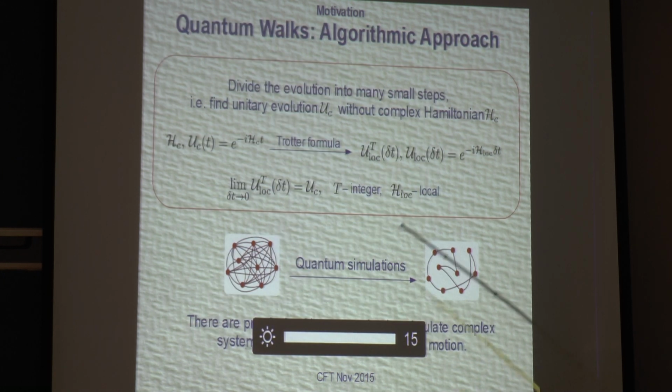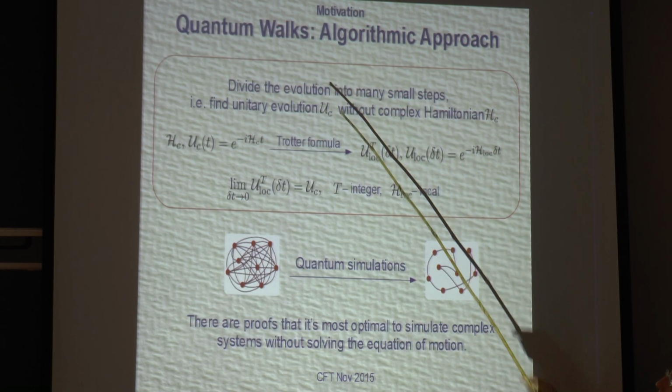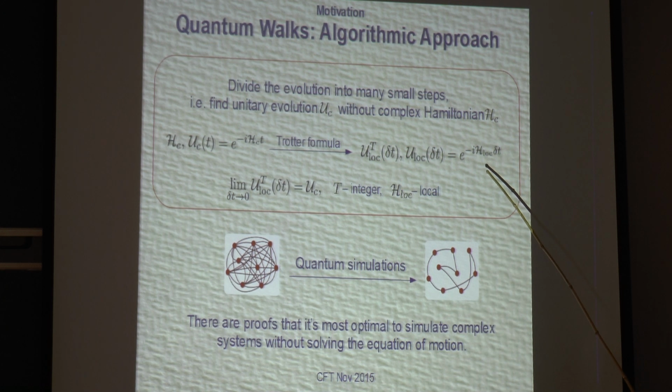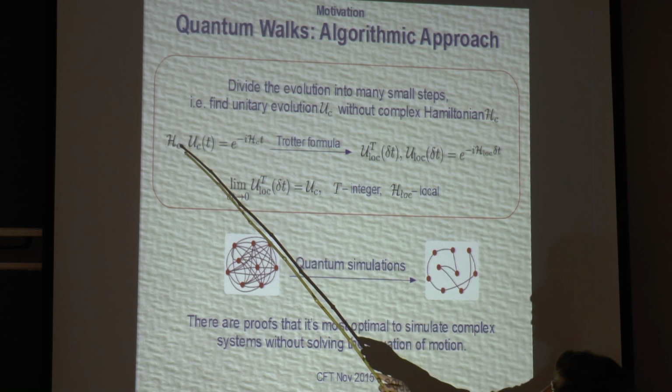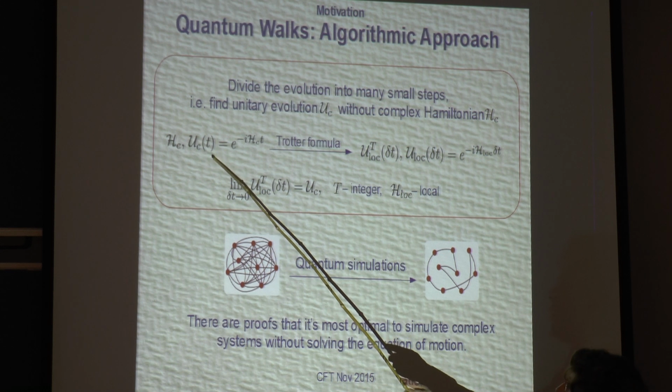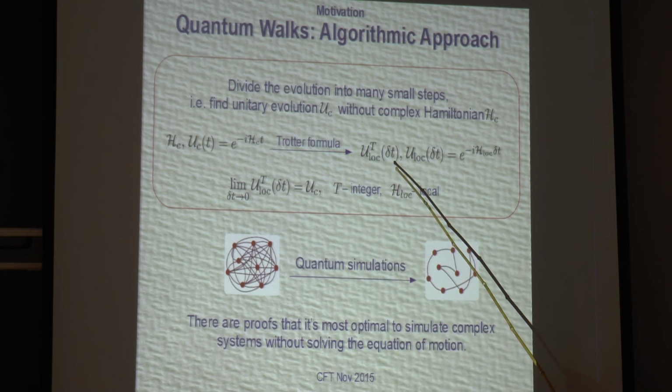And here, I hope this explains the motivation for quantum walks. They offer a completely different approach to solving problems. They offer an algorithmic approach, which is explained in this frame here. This is to divide the complex long evolution into many small easy steps. Instead of seeking a complex Hamiltonian, which generates complex long evolution, apply a simple local unitary transformation for a short time, many times.